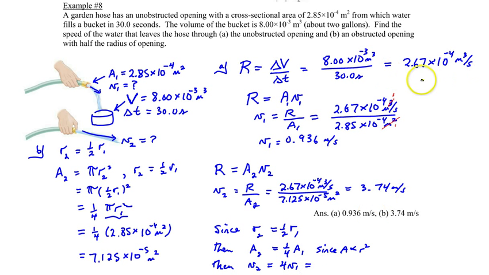So you could just take the original answer of 0.936 and multiply it by 4, and you get the same answer, 3.74 meters per second. The reasoning is that the area times the velocity is constant by the continuity equation. So as you reduce the cross-sectional area, you increase the velocity of the fluid. And that's it for example number 8.